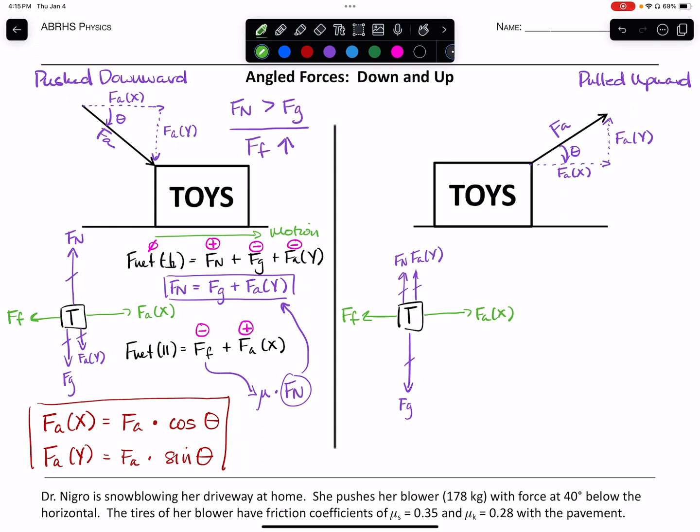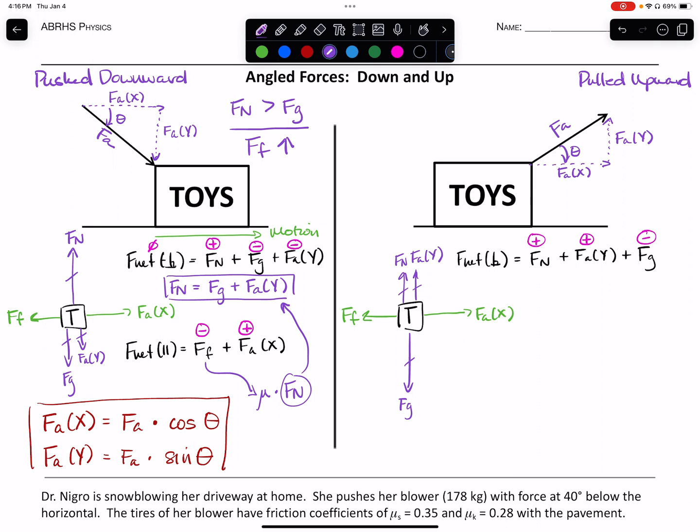For the F net equations, the F net perpendicular is going to be equal to the normal force plus the y component of the applied force plus that gravitational force. For signs, this time the normal force is still positive, but the y component has switched from negative to positive. And then we're going to have an Fg value that will be negative.